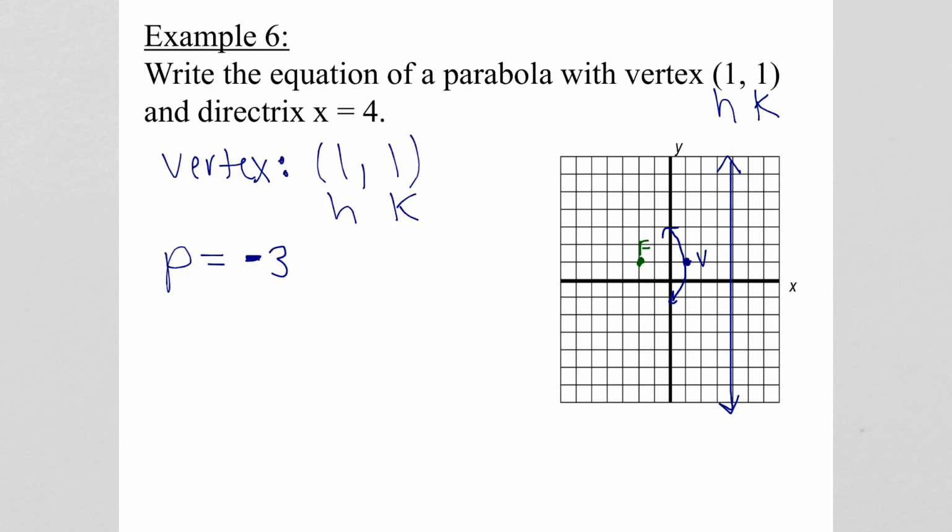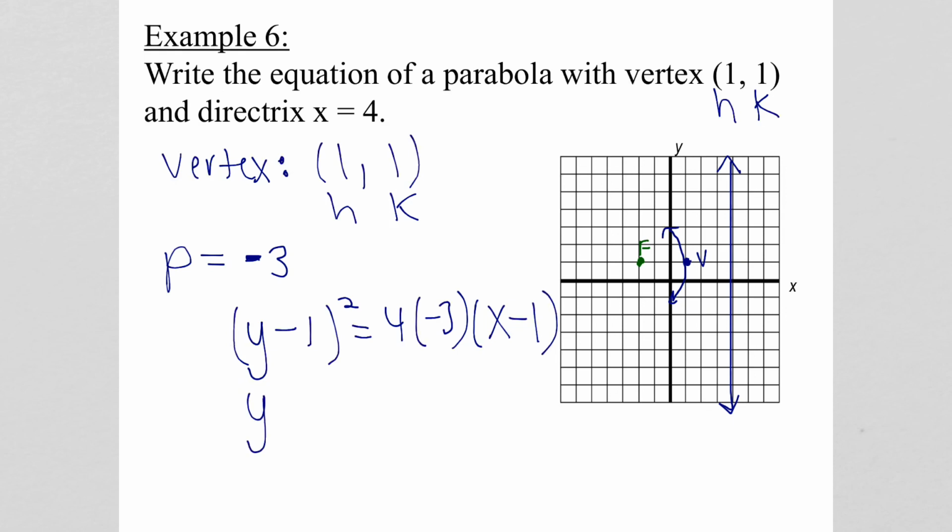And now we need to write our equation. Well, our parabola opens to the left. It has a horizontal axis of symmetry, and if it has a horizontal axis of symmetry, you start with y minus k squared. So y minus, and you need to go to k, although h and k are the same, so it's just going to be y minus 1 squared equals 4 times negative 3 times x minus h.